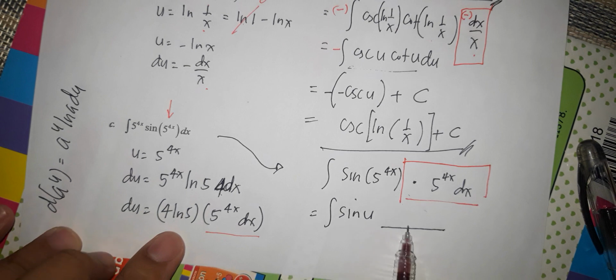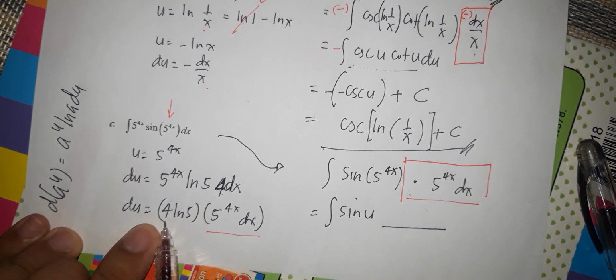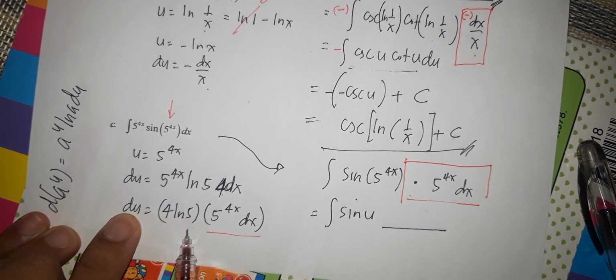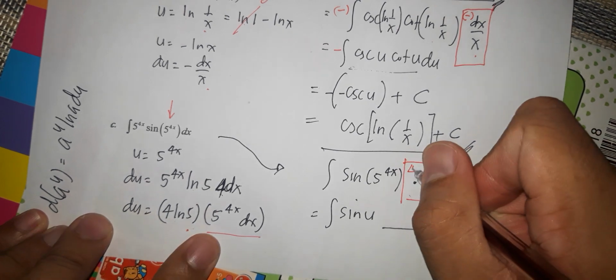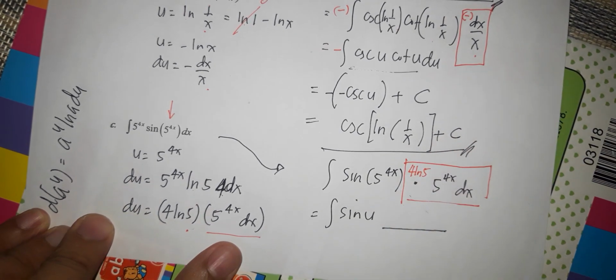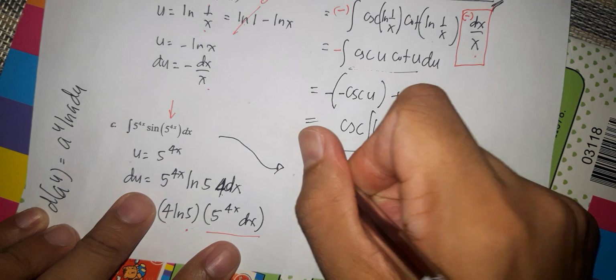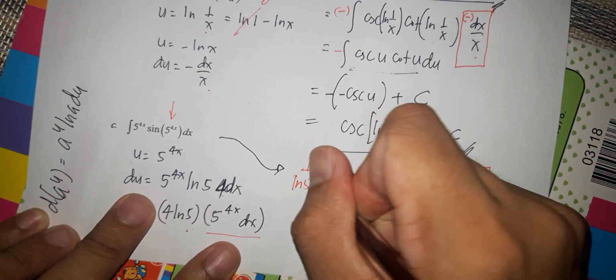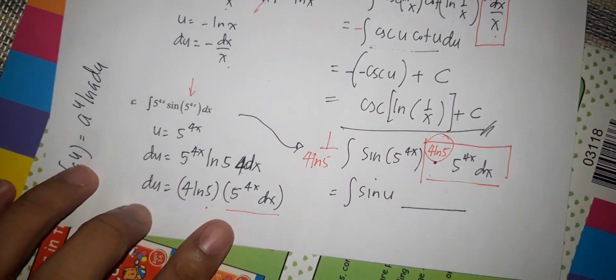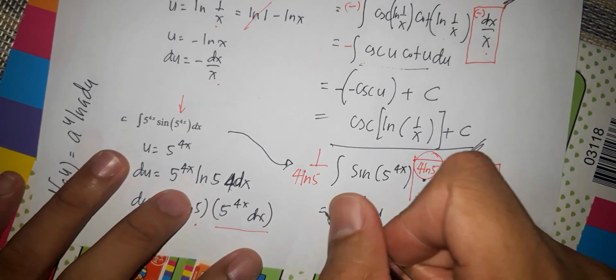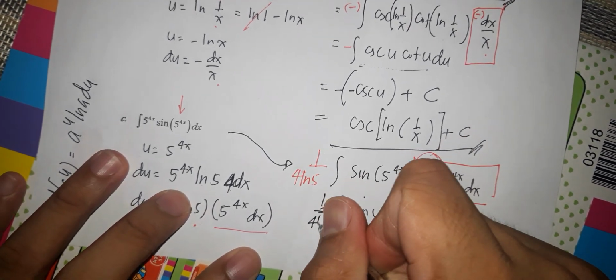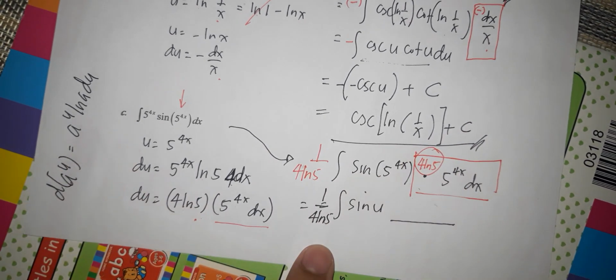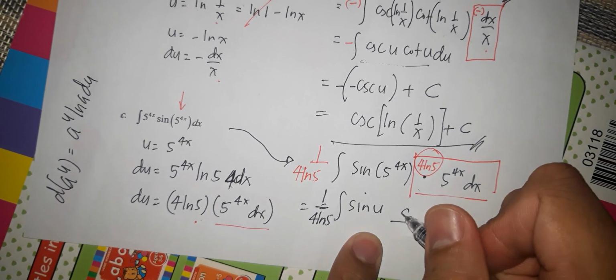To make it du, I need to multiply by the constant that du requires. So I need to provide 4 ln 5 and then compensate for that outside with 1 over 4 ln of 5. So that gives you 1 over 4 ln 5 outside, times the integral of sine u du.